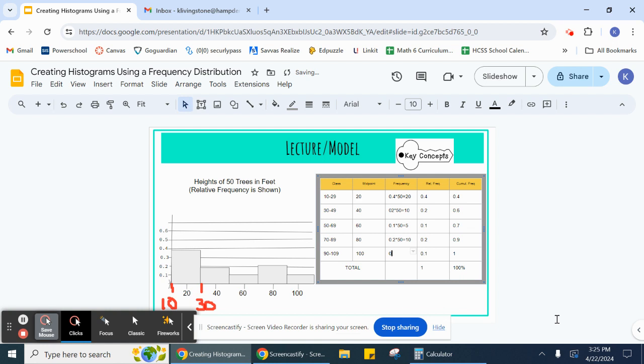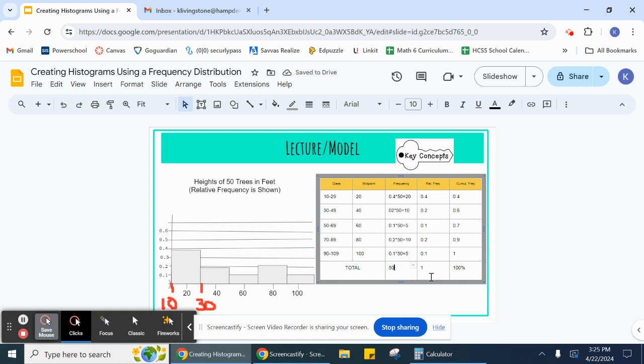And 10% of 50 values is 5. That, again, should all total up to be 50 values. 20 and 10 is 30, plus 5 is 35, plus 10 is 45, plus 5 is a total of 50 values.